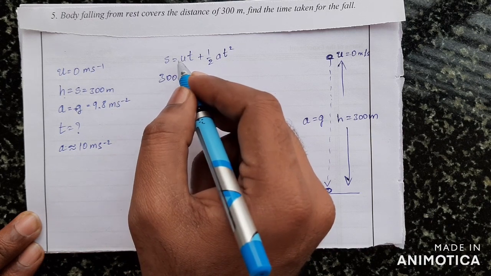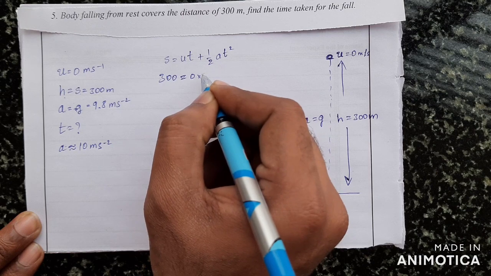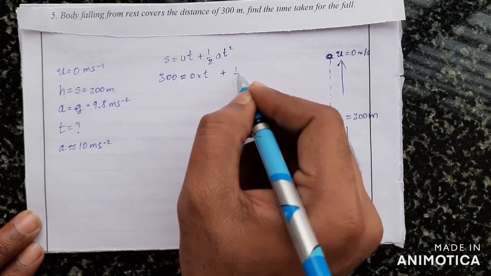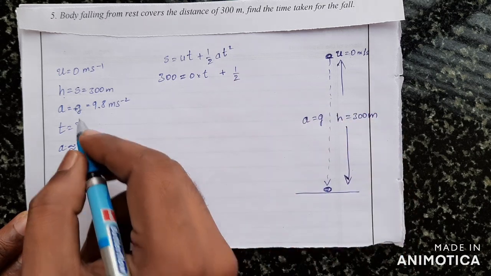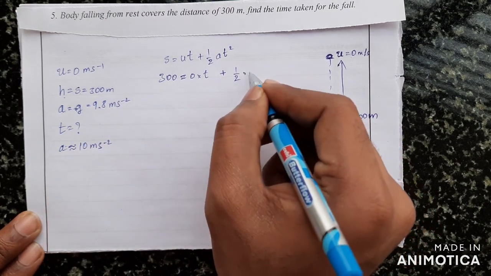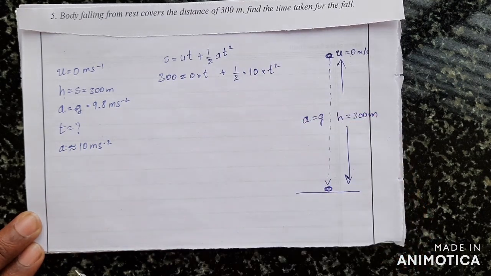What is U? U is the initial speed, 0, into time. We don't know time, we have to calculate it, plus half. What is the acceleration? I have taken acceleration as 10 meters per second squared for mathematical convenience, into t squared.